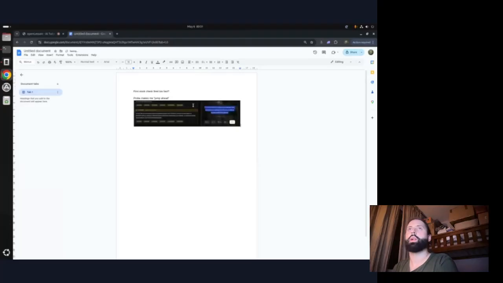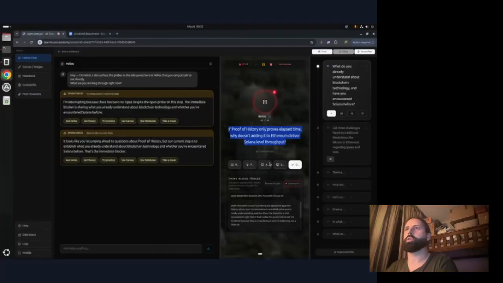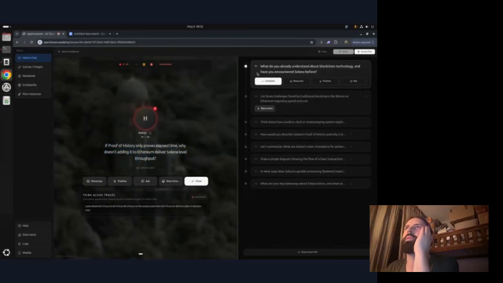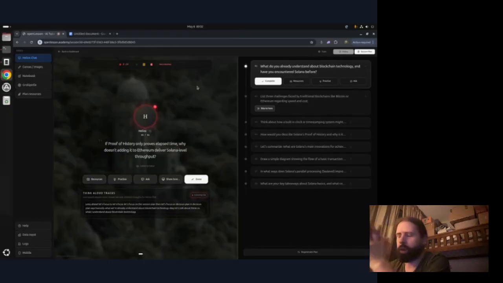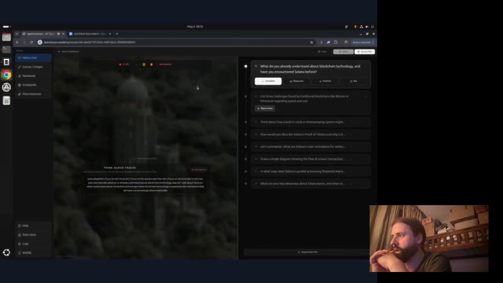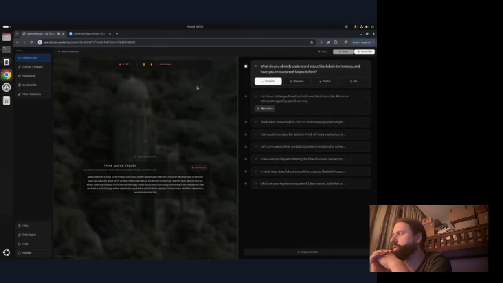Jump ahead. Let's focus on the session plan then. Let's focus on the session plan. And the session plan says basically, what do I already understand about blockchain technology? Okay, let's talk about these. So what I understand about blockchain technology is that it is a technology where you have a system that consists of transactions, and these transactions are linked to each other, kind of sequentially.